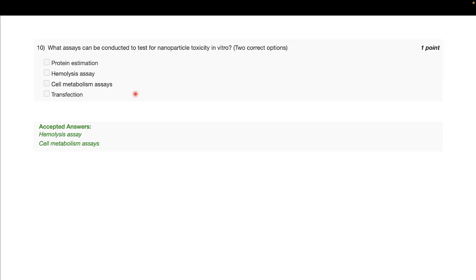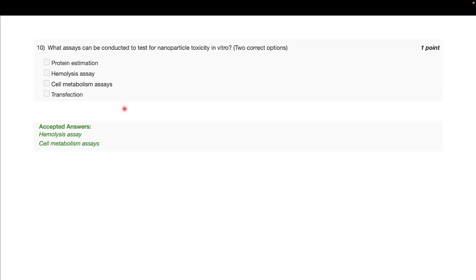Yeah. I have a question. Yes. Like, can we do transcription to check the toxicity of the nanoparticles? Okay. Can you tell me what is transfection? Transfection is introduction of any plasmid or any DNA to mammalian cell line. Yeah, so that's what transfection is, right?